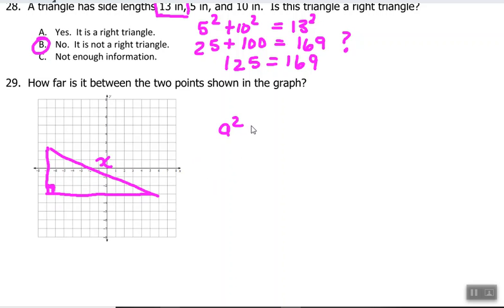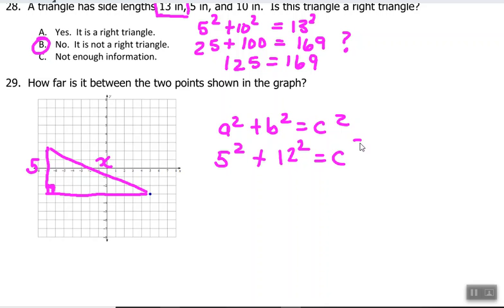So if I know that a squared plus b squared equals c squared, I can see that a, 1, 2, 3, 4, 5, that is 5, plus b, 1, 2, 3, 4, 5, 6, 7, 8, 9, 10, 11, 12, and I'm going to erase and just make sure I didn't miss anything there. Yep, I'm going to go to 12 squared.